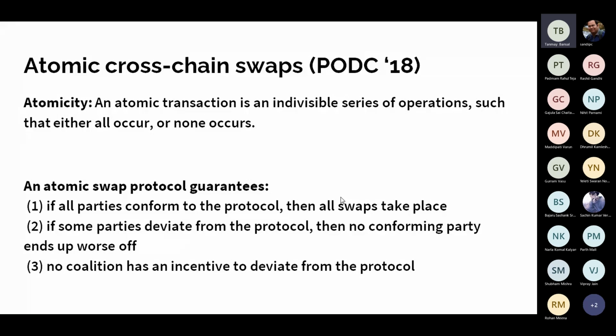And there is no coalition that can be formed between some of the parties that would give them an incentive to deviate from the protocol. So deviation from the protocol is not going to help any of the parties who deviate, and those who do not deviate will not be worse off. So we'll see how these interesting guarantees are ensured in this particular protocol that was proposed.